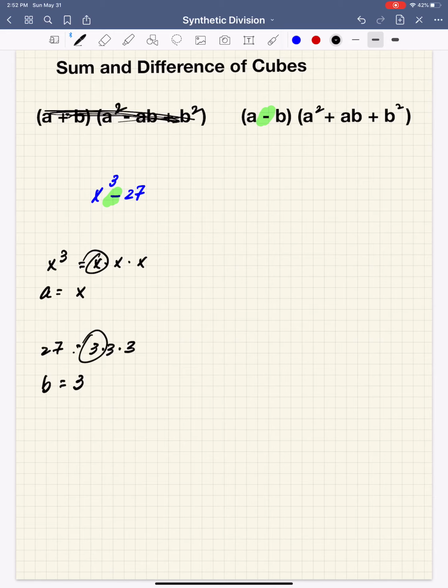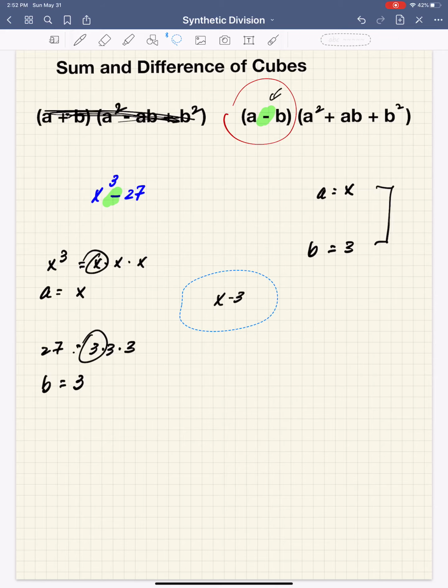All right, so your a value, again, I'll just put it over here. Your a value is x, your b value is 3, and we're just going to follow the formula. It's a minus b right here, right? A minus b is x minus 3. I should move that over a little bit so there's room. Actually, I'm going to change the color so you see it a little better.